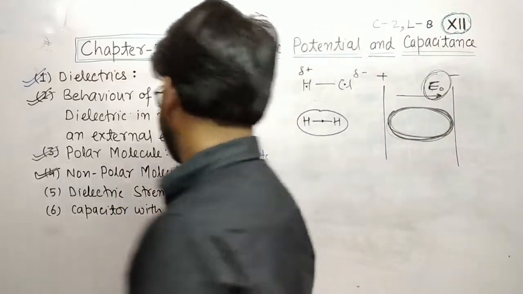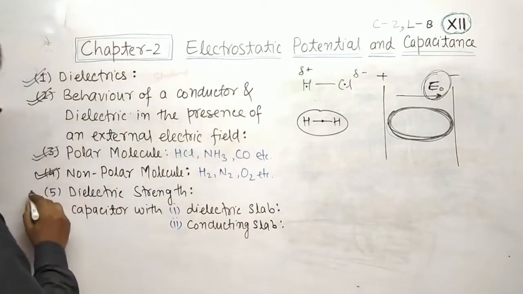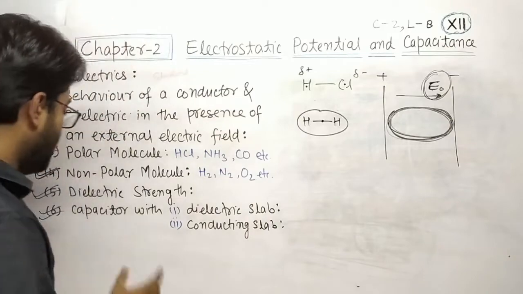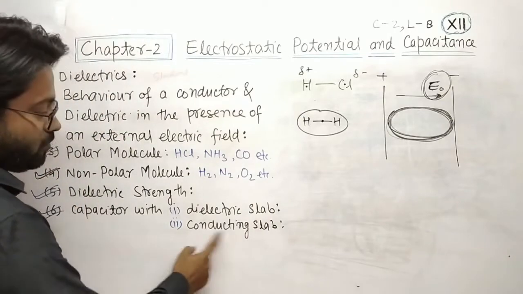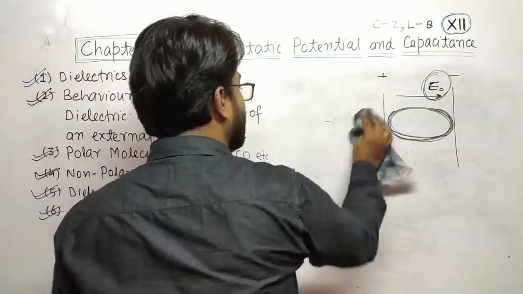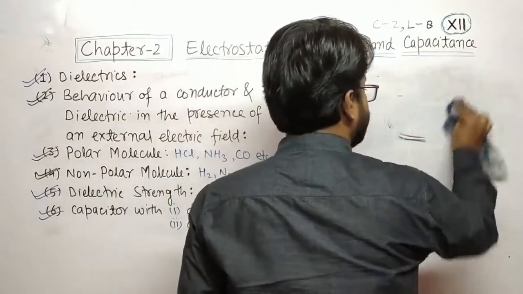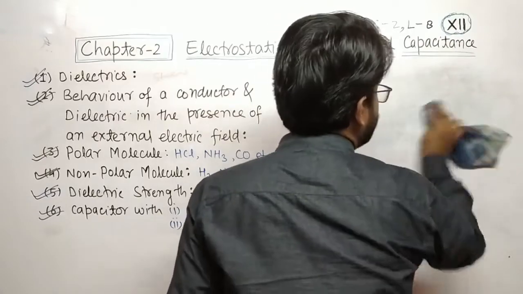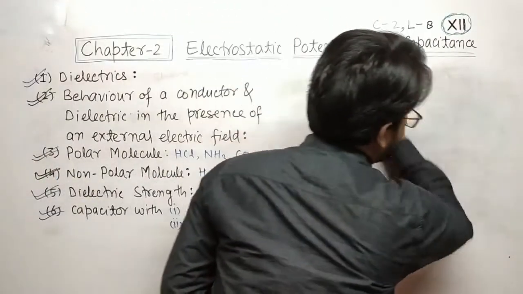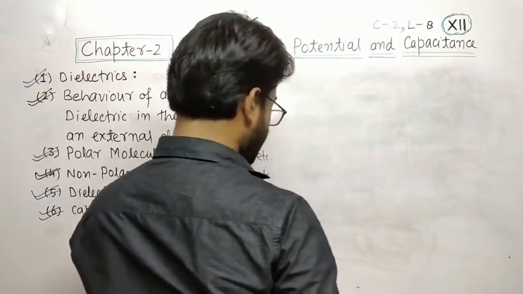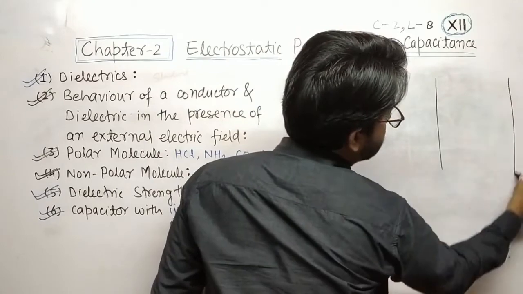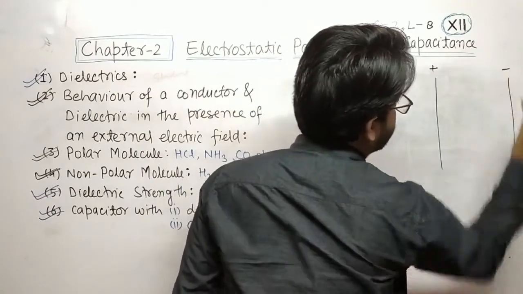Next point is capacitor with dielectric slab, and then capacitor with conducting slab. When we place a dielectric material in between the plates of the capacitor, what will happen? This is a calculation derivation. Let us suppose this is the positive charge and this is the negative charge.